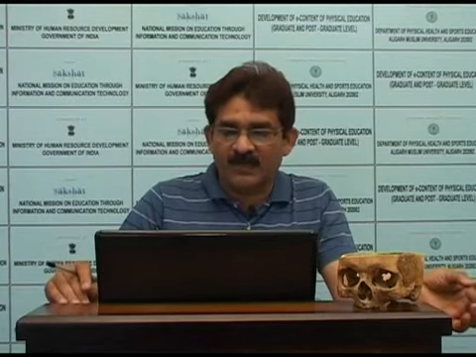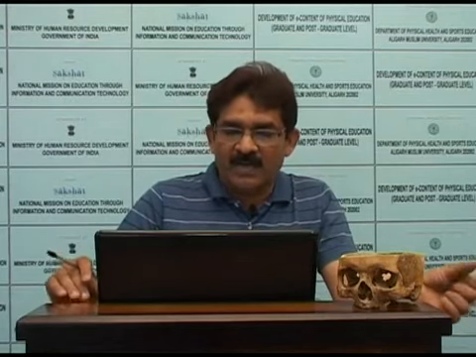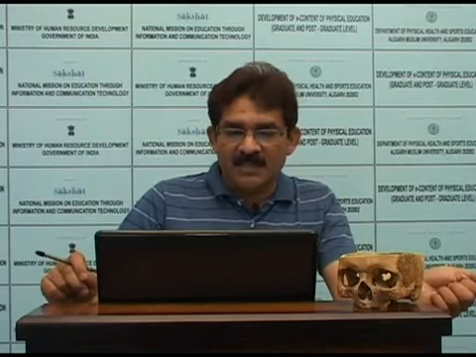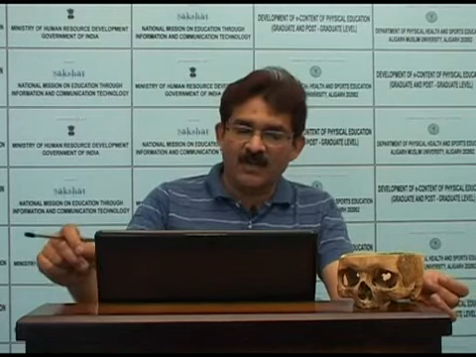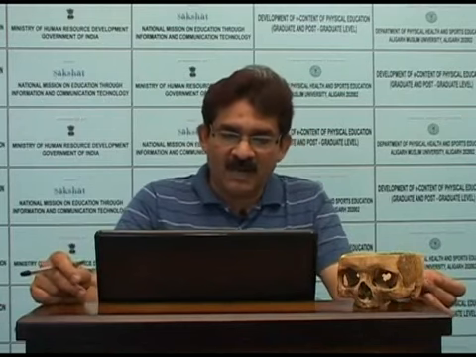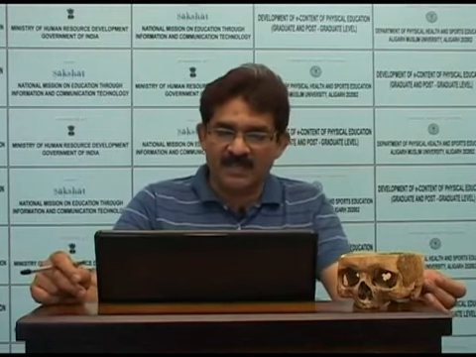The pterygomaxillary fissure is a teardrop-shaped fissure between the sphenoid and the tuberosity of the maxillae. The pterygopalatine fossa is a small but important space located medial to the fissure.